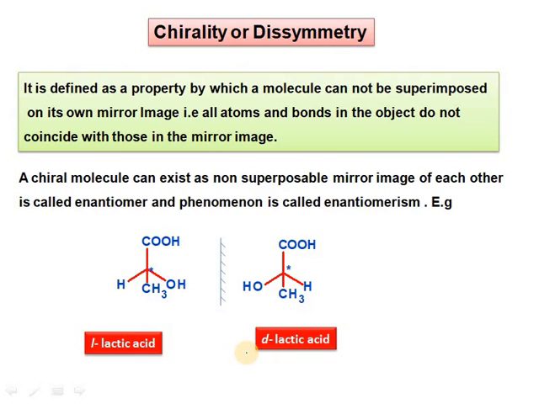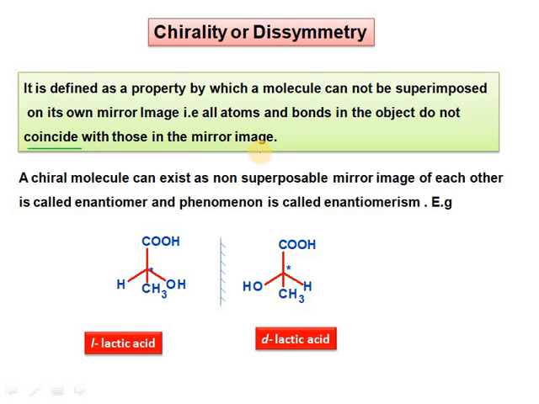Next, we discuss the chirality or dissymmetry of molecules, which is defined as the property by which a molecule cannot be superimposed on its mirror image, or all the atoms and bonds of the object do not coincide with those in the mirror image.